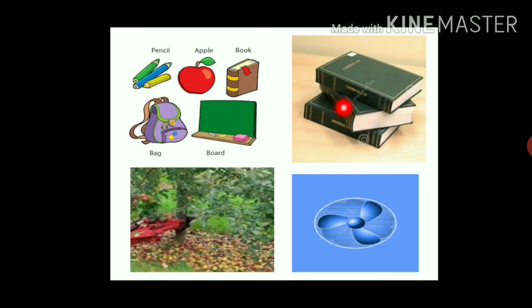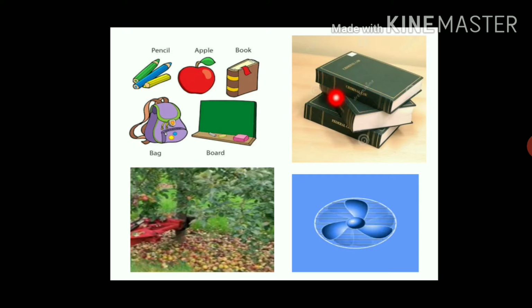Now here these books are on a table. Suppose the force which is sufficient to lift this book from the table is not sufficient to lift the table. What is the reason behind it?